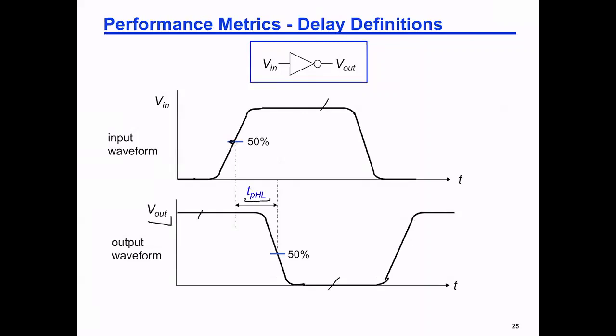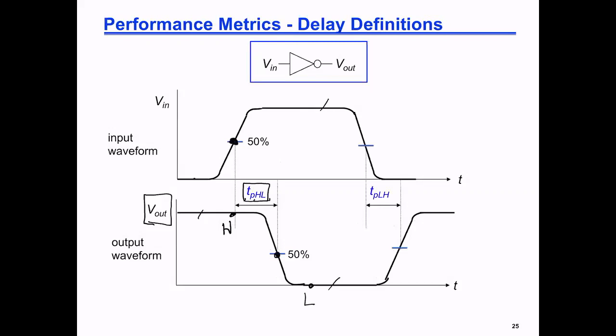The definition really follows the output signal terminology. So the output is switching from high to low. So I'm measuring the delay TP high to low, and it is the delay from 50% of the input to 50% of the output. Okay, so this is the first delay term definition.